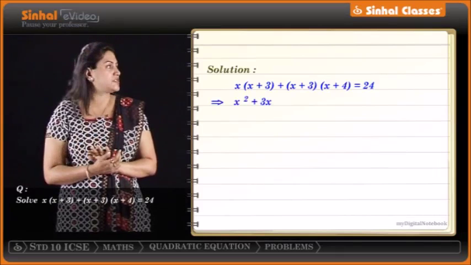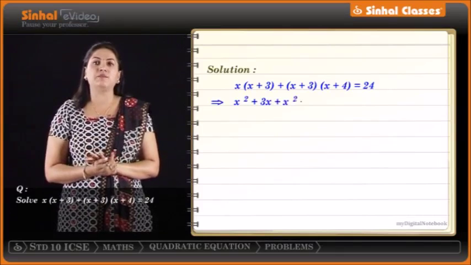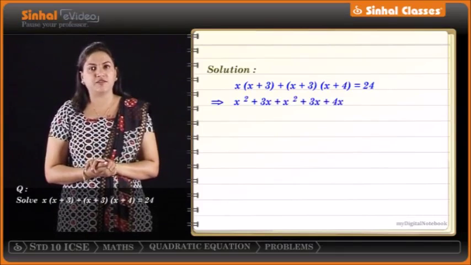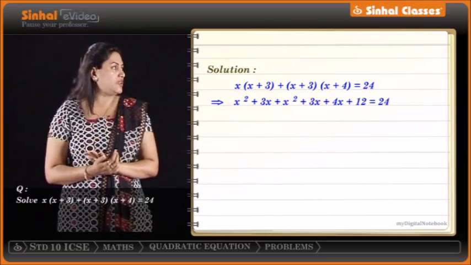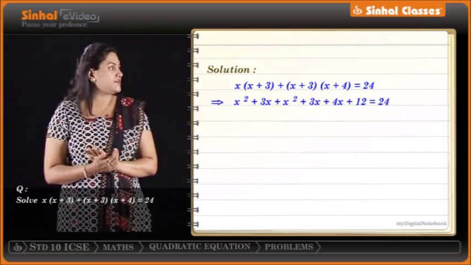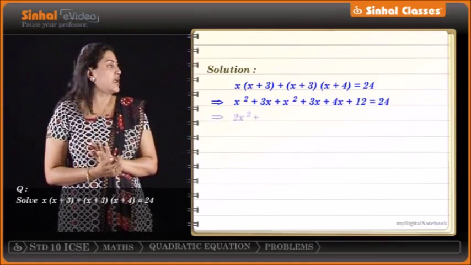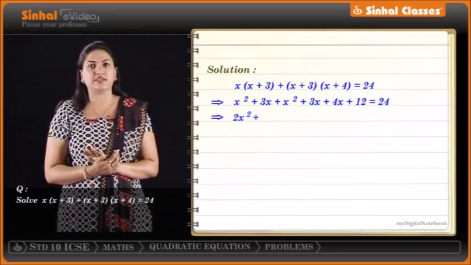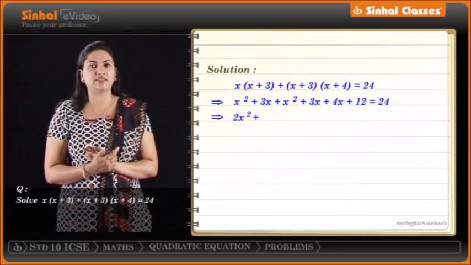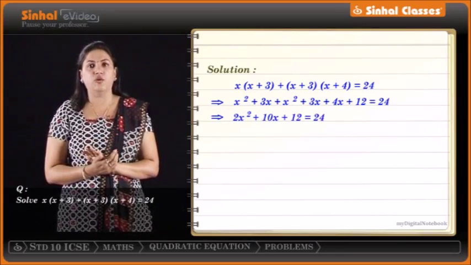Now multiply x plus 3 and x plus 4 as x square plus 3x plus 4x plus 12, which is equal to 24. Now on the left, we add x square and x square to get 2x square, and 3x plus 4x plus 3x gives us 10x plus 12 as it is equal to 24.